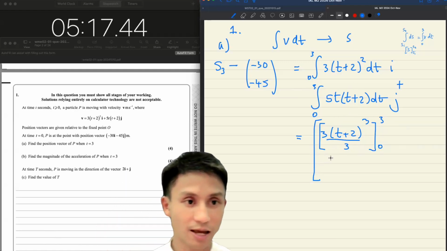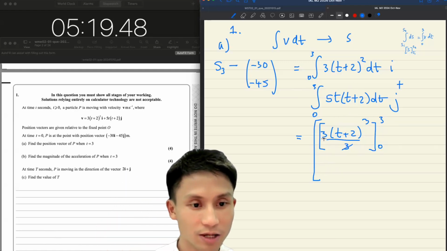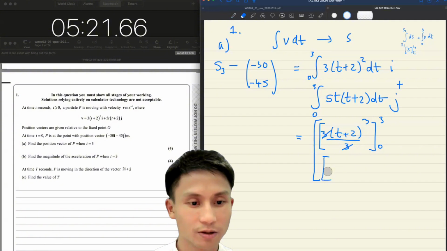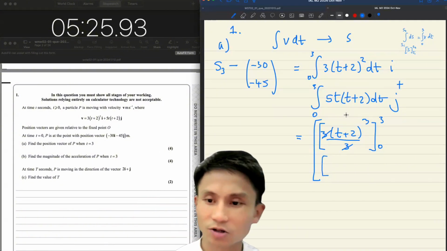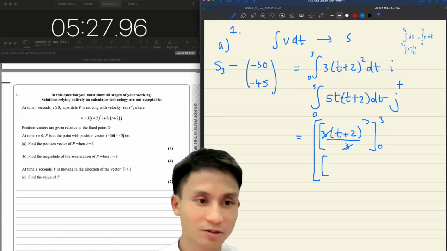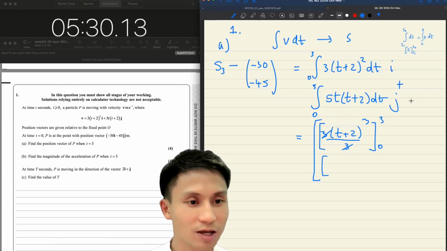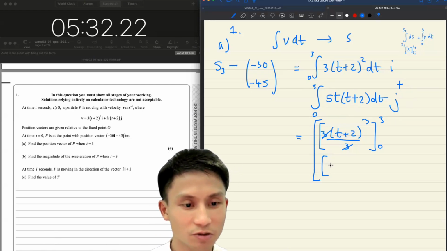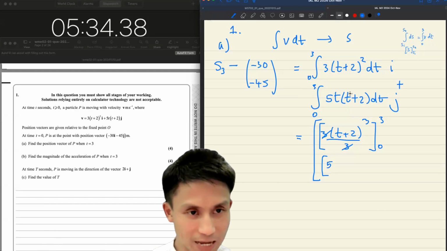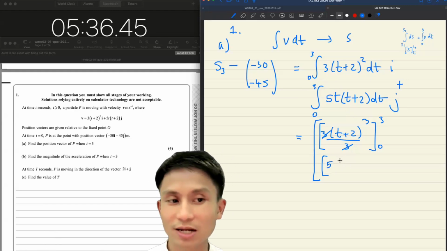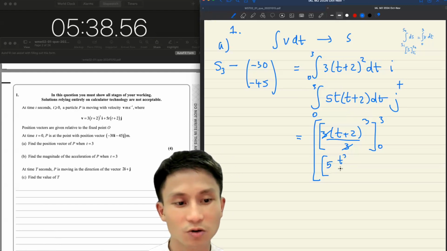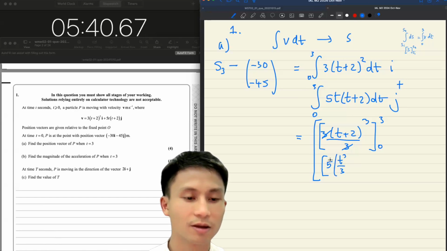Okay. I already integrated that. And the 3 cancels here, just to note. So this is for the other one, the component j. We are integrating that, so it is probably easier to just expand it in. So expand it in, we get 5 outside. So I'm just going to put 5 here already. If you expand t in, you get t squared, and you integrate t squared, you get t cubed over 3, right?